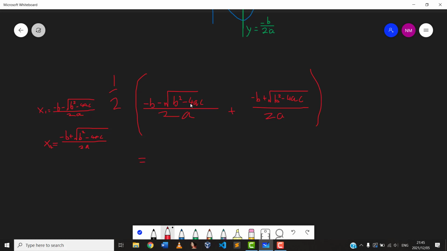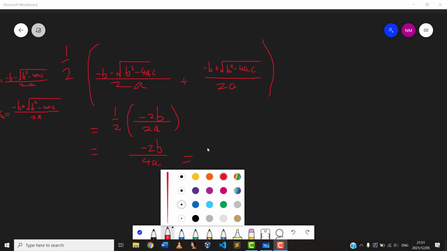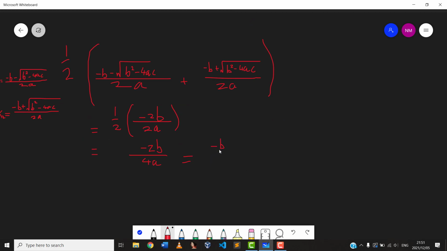Minus square root of b squared minus 4ac plus square root of b squared minus 4ac is just 0. So let's just toss that out. So it's minus 2b all over 2a, since it's the same denominator for both of them. And half of that, because we're getting the average. And then it's going to be minus 2b over 4a, which just equals minus b over 2a.